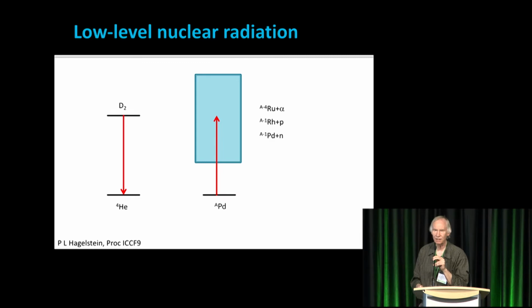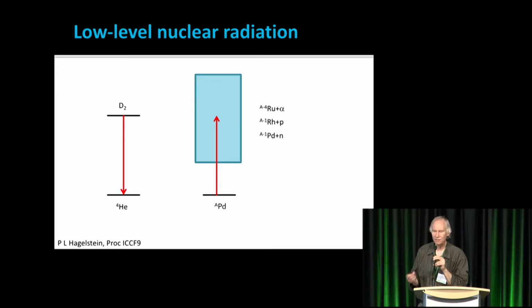Vysotskii and Lipson were talking about energetic alpha particles over 10 MeV. That's not an easy thing to have come out of a lattice. And I was trying to think, well, how in the world could this happen? And an incoherent version of excitation transfer was the obvious candidate back in those days.